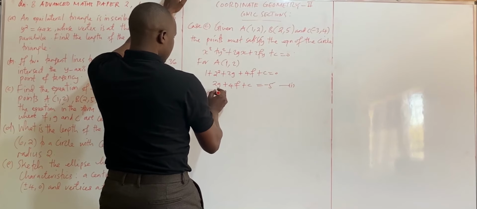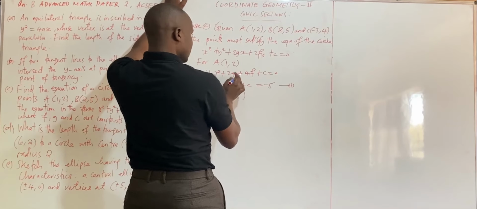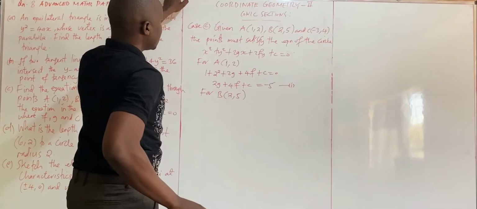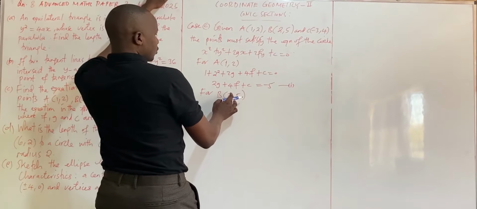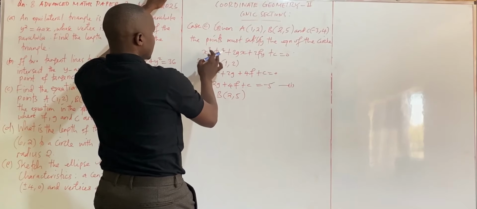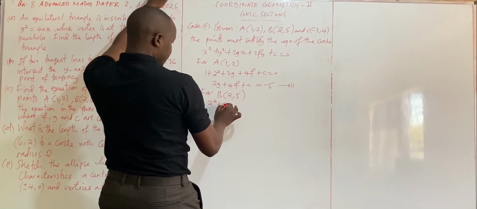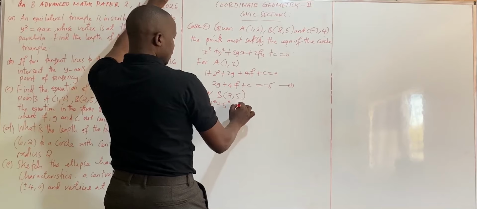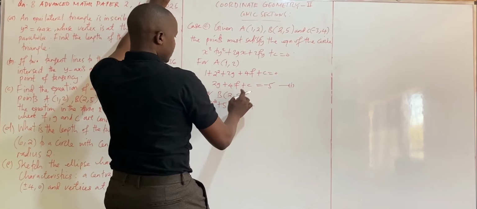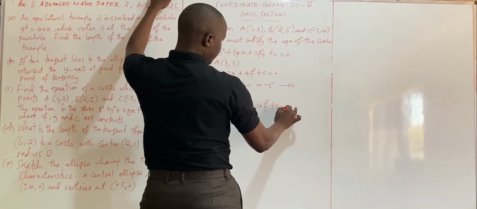Now for point B, which is (2, 5), again we substitute the same thing that we performed in stage 1 here. So x is 2, y is 5. Substituting them where x and y, we get 2 squared plus 5 squared, plus 4g, plus 5 is y, so it will be 10f, plus c equals 0.